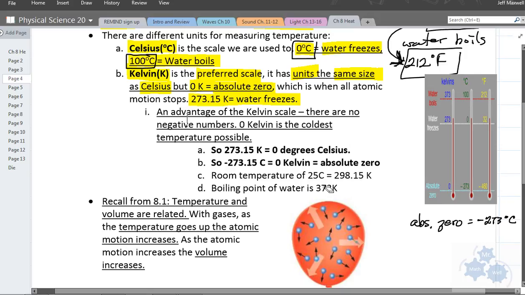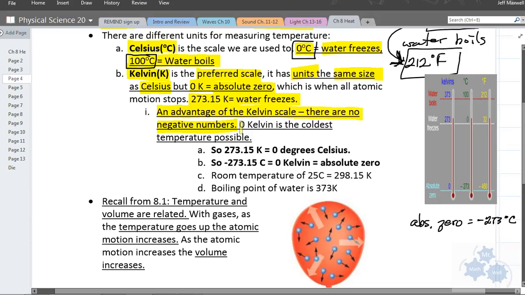So 0 Kelvin, absolute zero. The advantage of the Kelvin scale, and the reason why it's so popular in science and used so widely globally, is because there are no negative numbers. If 0 Kelvin is actually absolute zero, then there's nothing below that. There's no negative numbers.